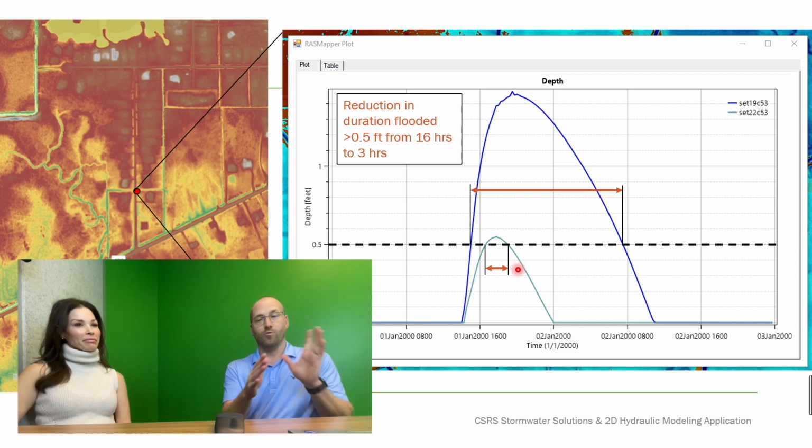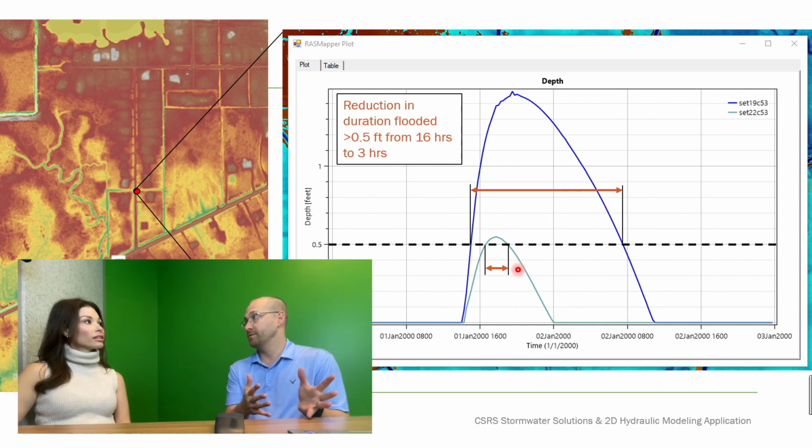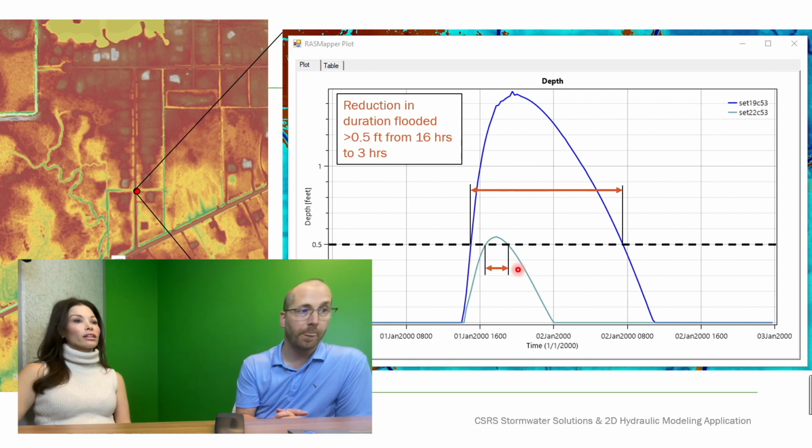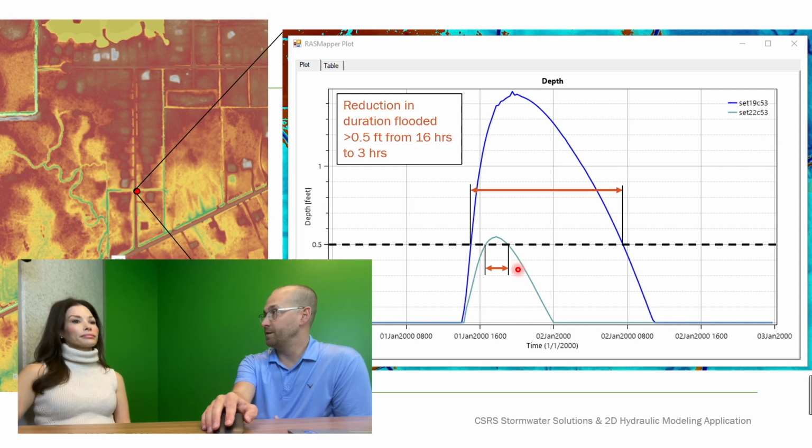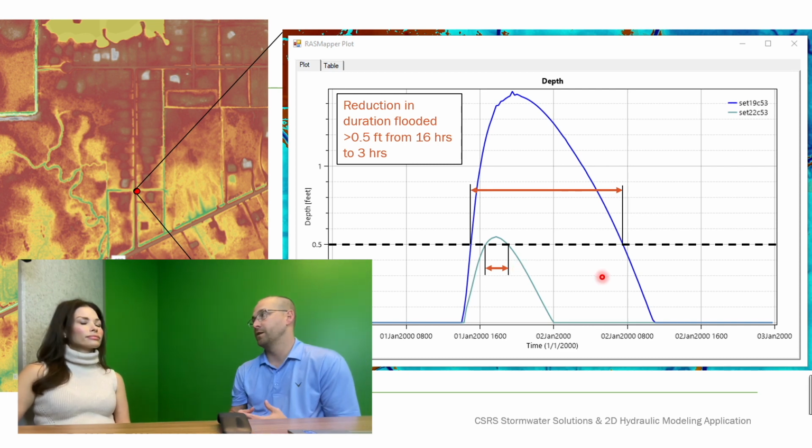If we look at this one road in and out of a neighborhood of more than 100 residential community, in existing conditions today the road is closed 16 hours. With the implementation of this flood risk reduction project, it's only going to be closed for 3 hours. So a significant benefit of, number one, evacuations, getting out of there.